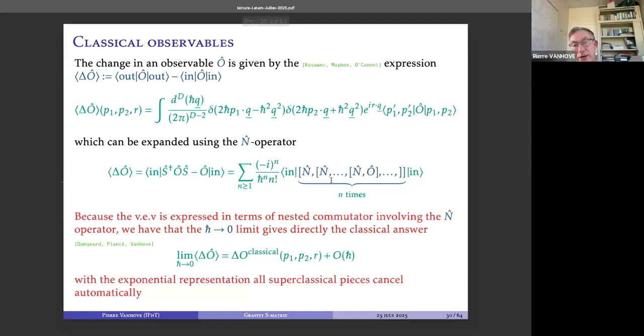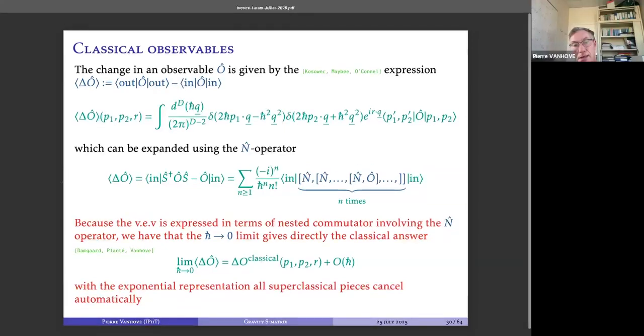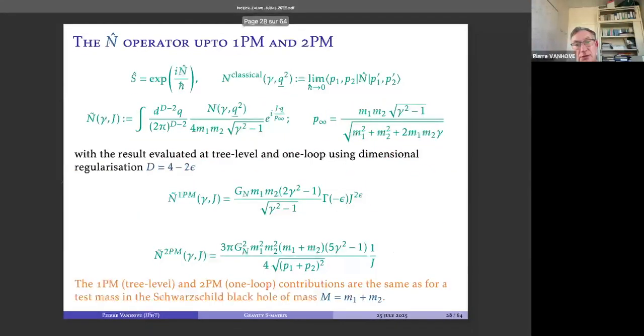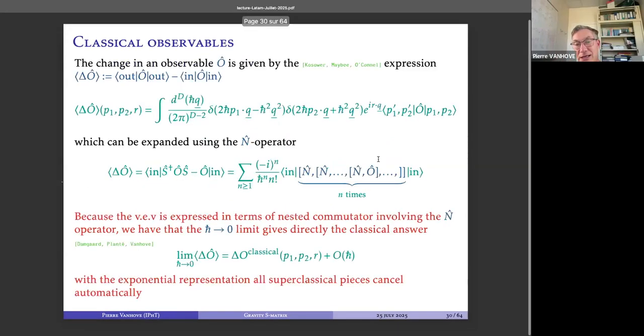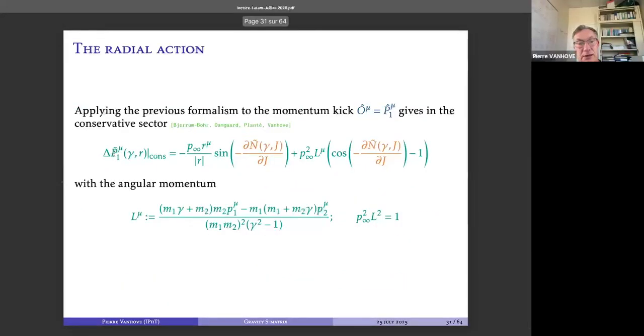Here you have the N operator, so you compute the S matrix element. Then I do the Fourier transform with respect to J. At the end of the day, the result gives you that you can resum everything to a sine of something that involves the derivative with respect to J of the N operator, and the cosine. It's the result of the computation of the amplitude using this when O is P1.